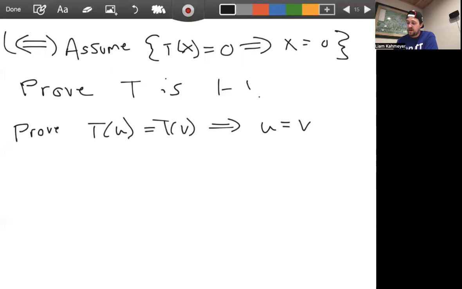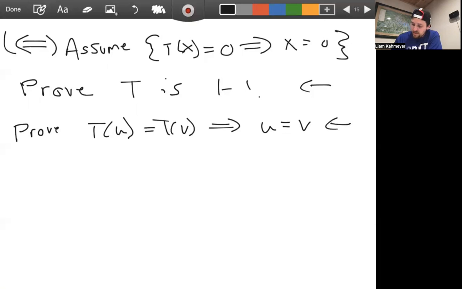Like if we can prove this statement here, then that's the same as proving t is 1-to-1. So how can we prove this? Well, we need to use our assumption somehow. And our assumption deals with t of something being equal to 0. And so we need to set something up so that we have our transformation of some element is equal to 0. Well, how can we do that?